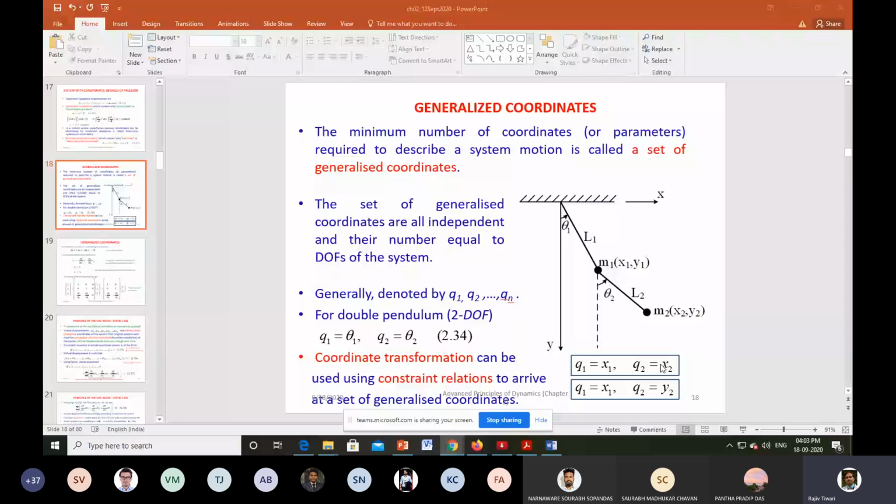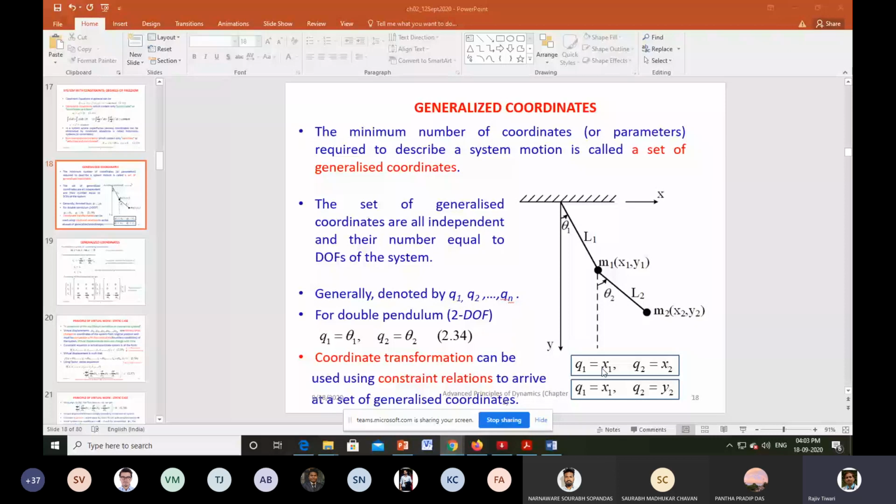Among these various possible coordinates, we need to choose only 2 because the degree of freedom is 2. The other coordinates are related to these coordinates.